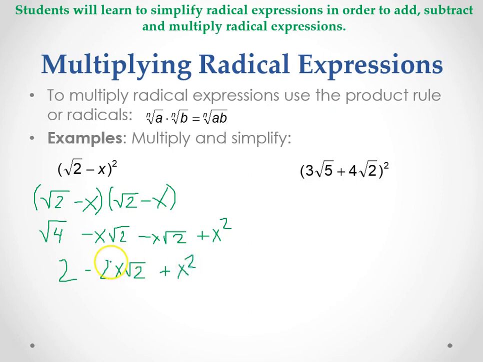And then the same thing for the next one. Write it twice.